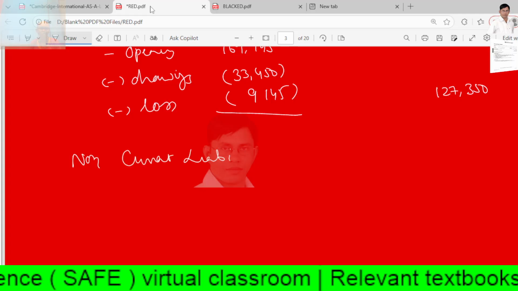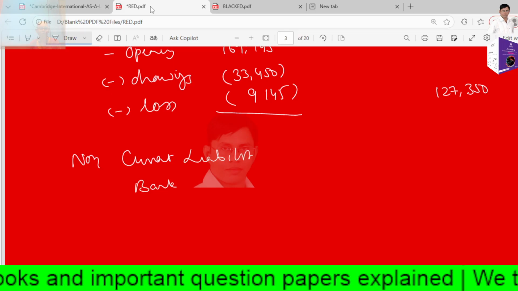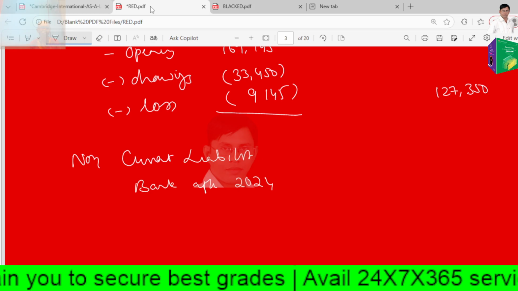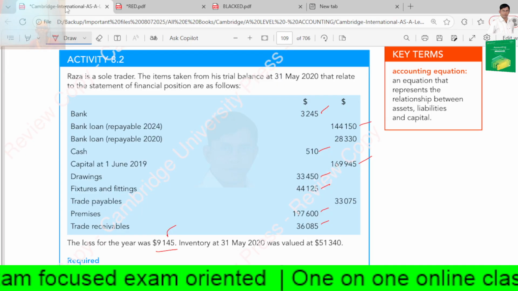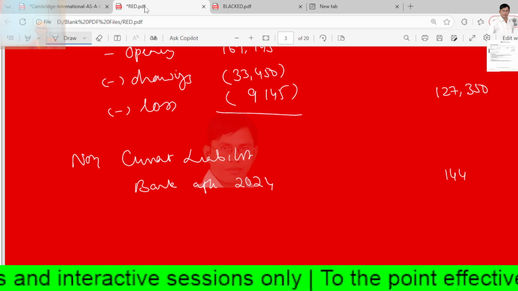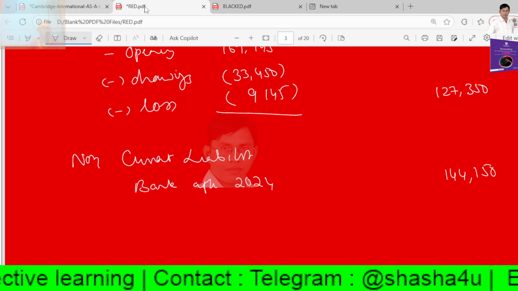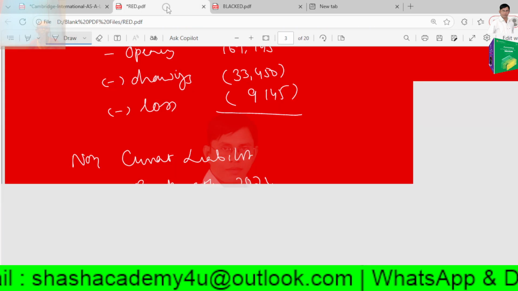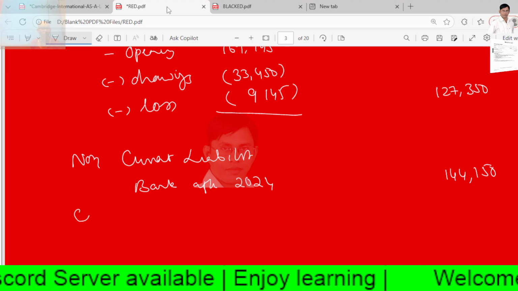Bank loan which is repayable after 2024: 144,150. Bank loan repayable 2020, that is current liabilities. This is non-current liability. Now you write current liabilities.